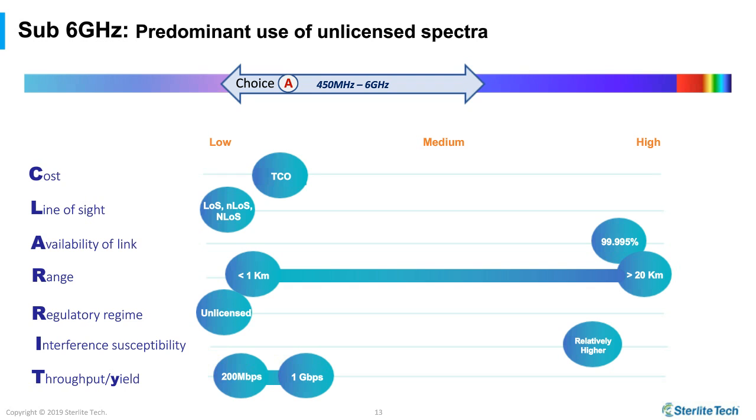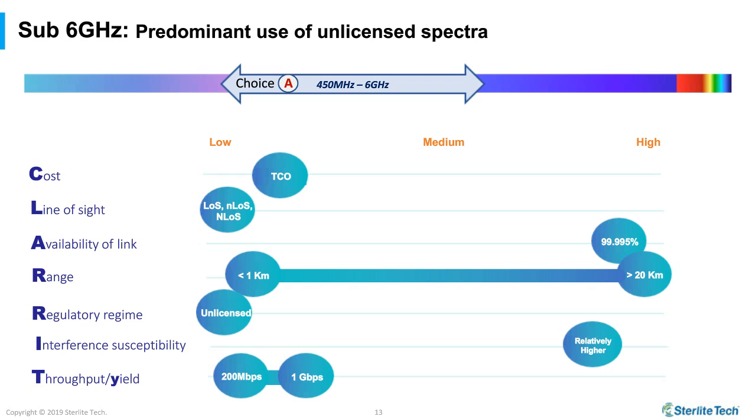Availability of the link is fairly high because at these bands you can get very good penetration and also across buildings, refractions, etc. But of course, you also have to look at which band within the sub 6 gigahertz you're deploying, and as you go higher in that band, you get into attenuation due to foliage, etc. So these are some of the considerations that you have to take when you do the network design.